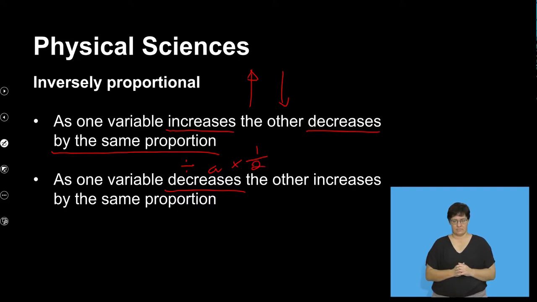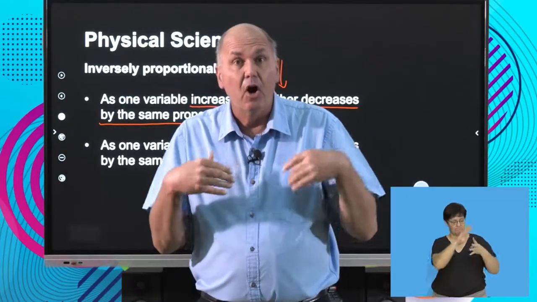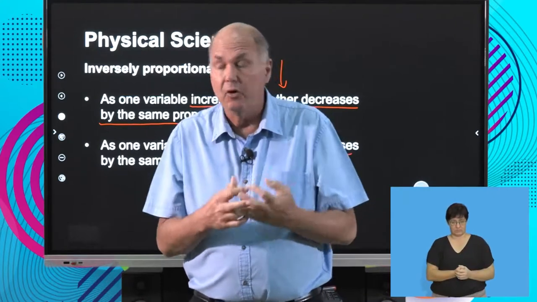So for example, 1 over 2. It's the same as dividing by 2, it's just multiplying by a half. So as the one decreases, the other will increase. So they're kind of going counter to each other. Very important that you understand this idea and what impact it has on getting data and looking at it carefully.